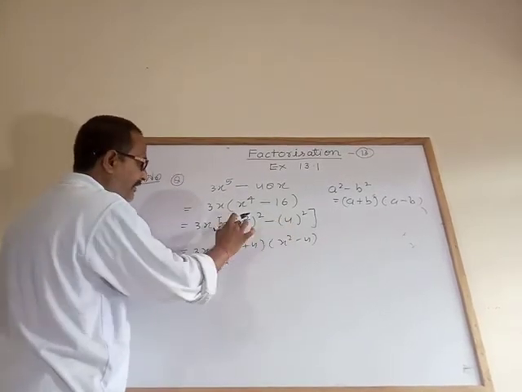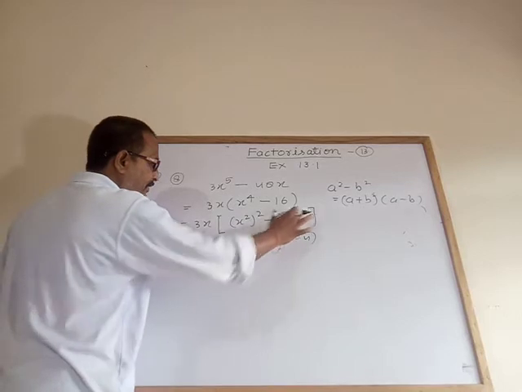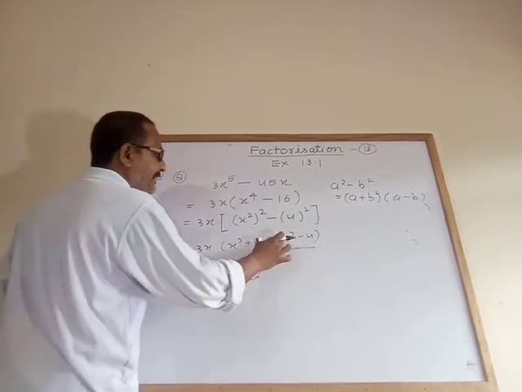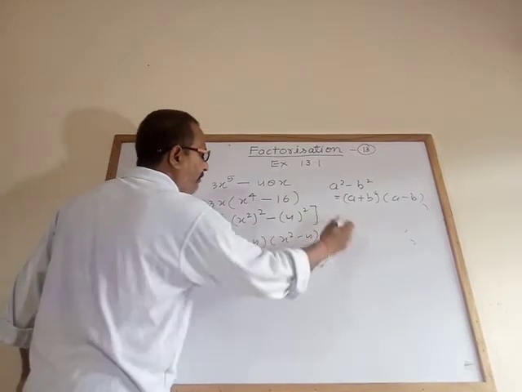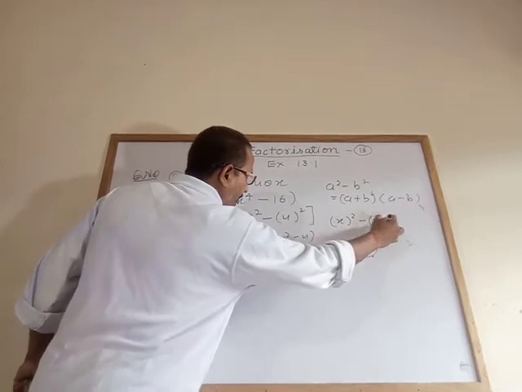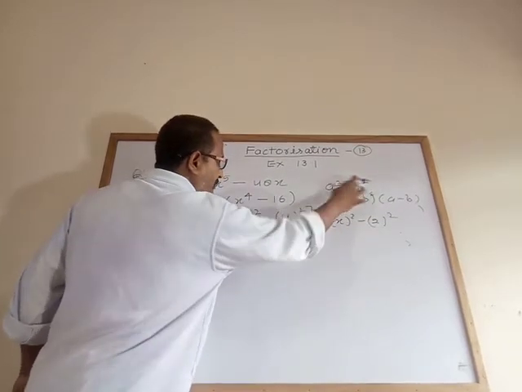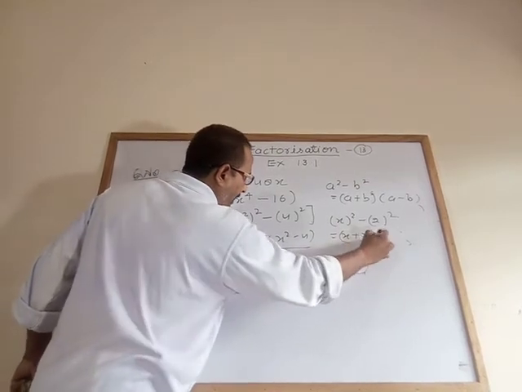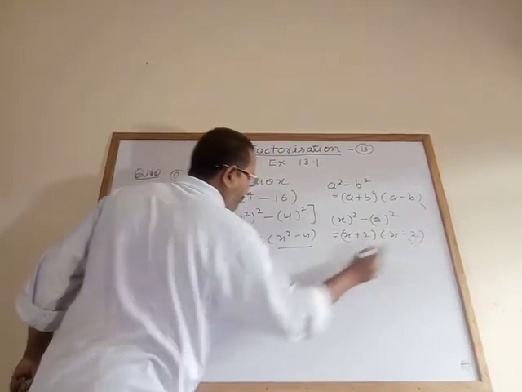Factors of this: a square minus b square, a plus b, a minus b. Again see this one, this one again in this form, x square minus 2 square. Again in this form, a square minus b square, that will be a plus b and a minus b.